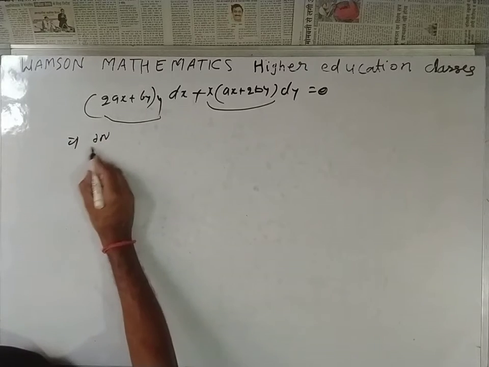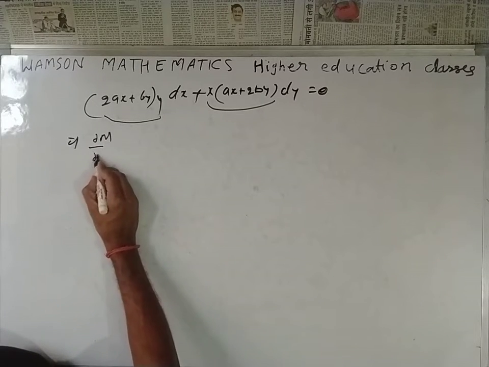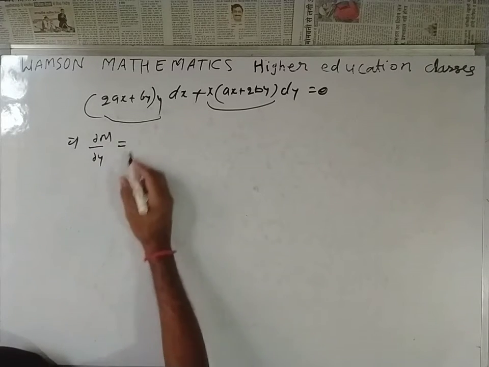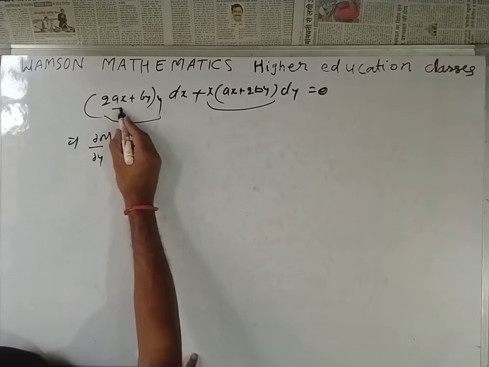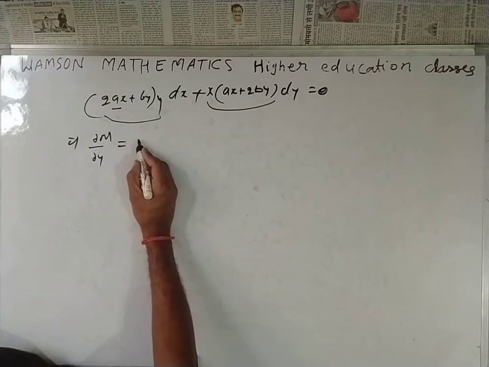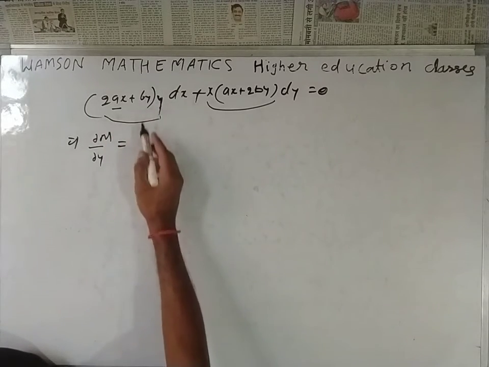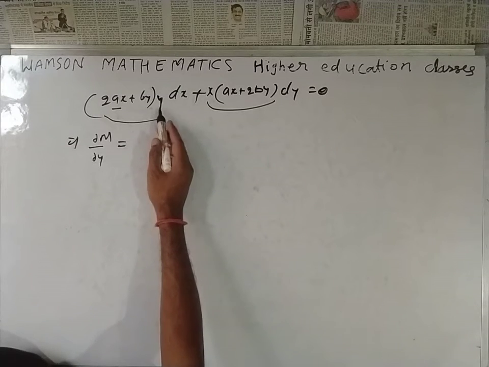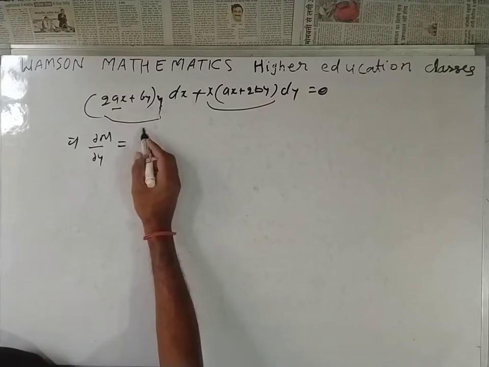So the partial derivative of M with respect to y, here x is a constant and y is y.